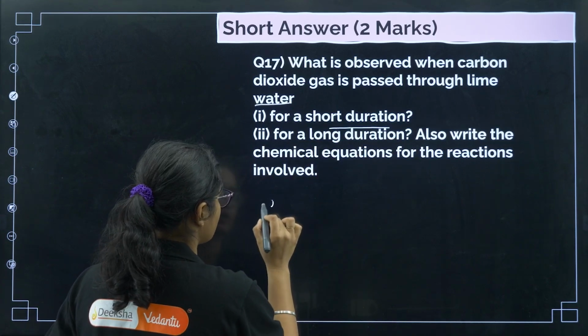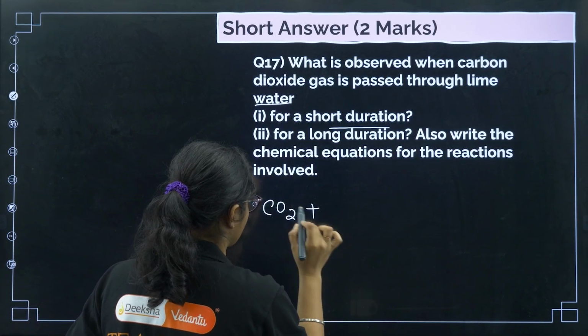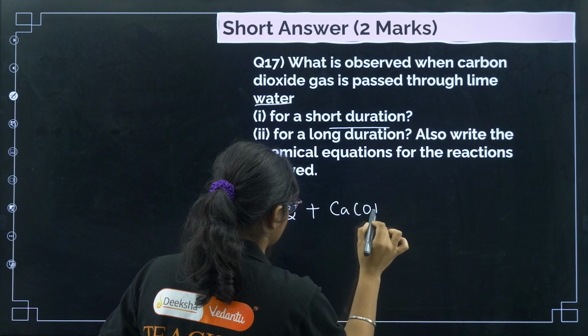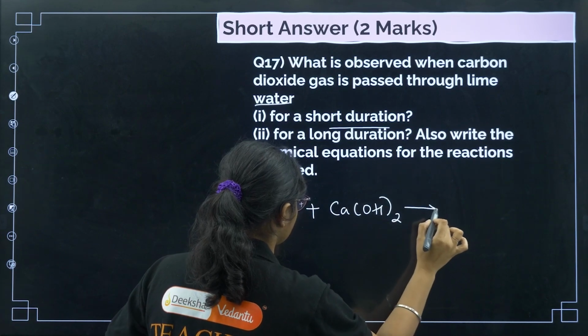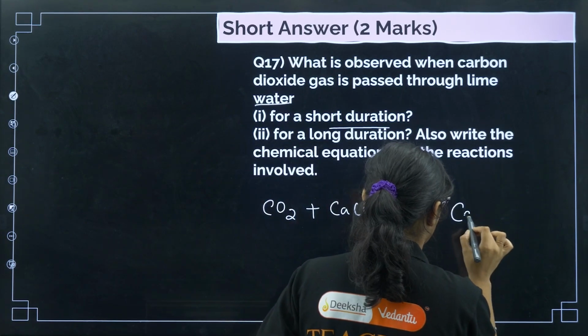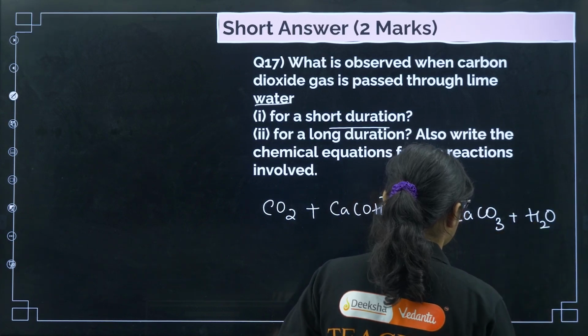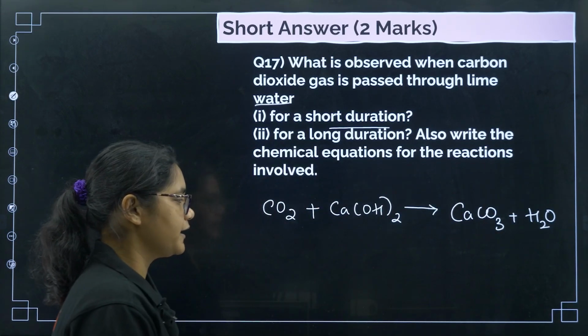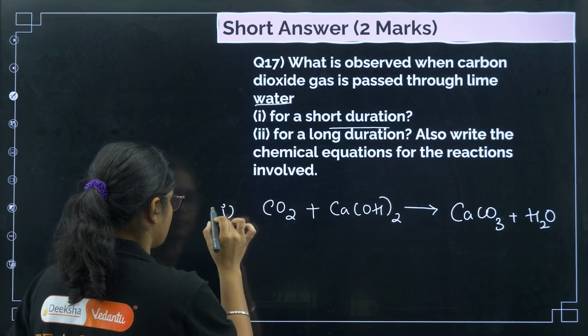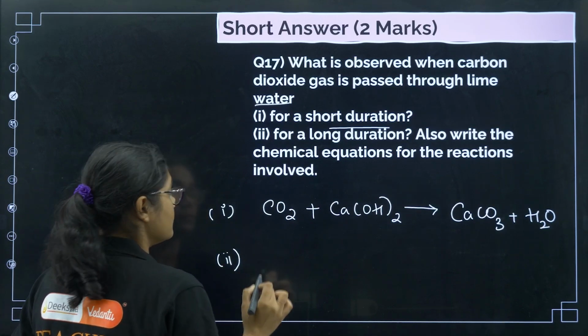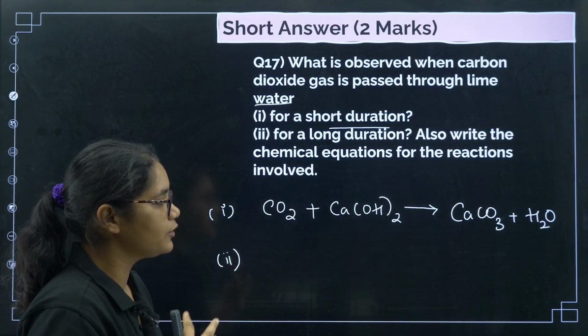Okay, next, what is observed when carbon dioxide gas is passed through lime water for a short duration? So if you see, for a short duration, carbon dioxide gas is passed to calcium hydroxide, we get the formation of calcium carbonate plus water. Okay, fine. Now what happens if you pass it for a longer duration?